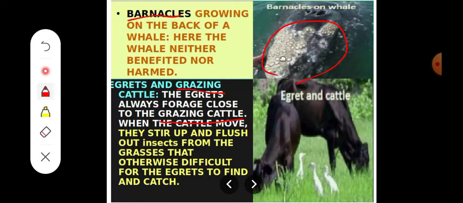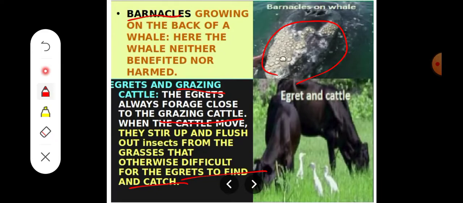When they are moving through that place, some insects will come out, and in the same way when they are eating the grass, insects present in the soil will come out, or otherwise it will be difficult for the egrets to find and catch them. So instead they are using the grazing cattle.